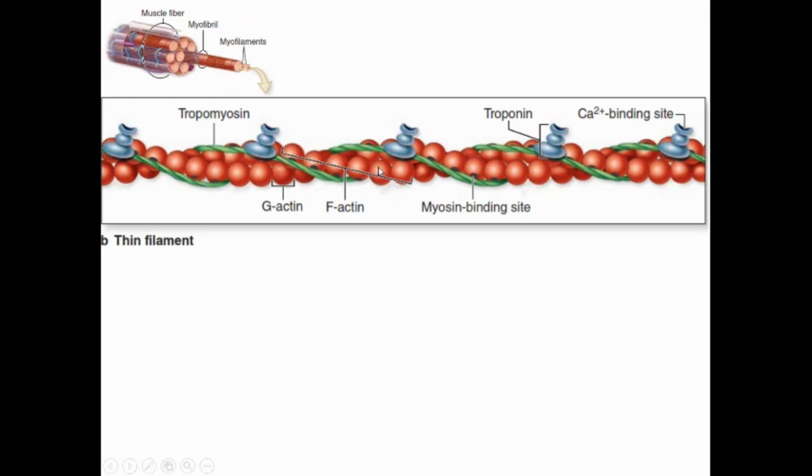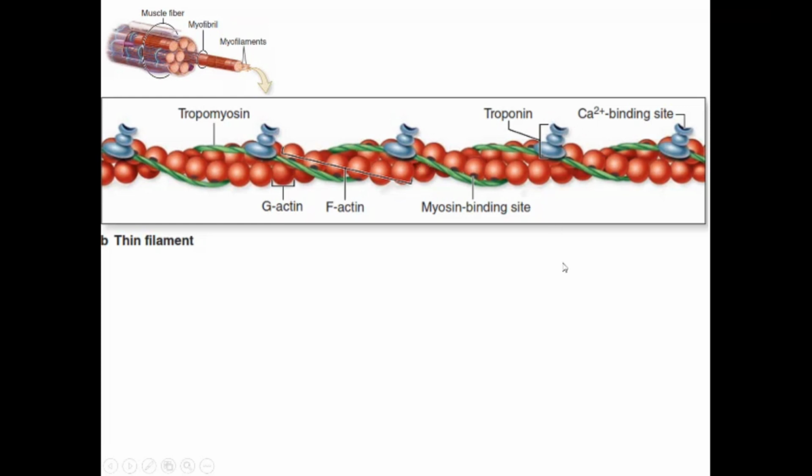For example, here we have two of them, tropomyosin and the complex of troponin. You can see tropomyosin is two polypeptides twisted together and located at the groove between the two strands of actin.